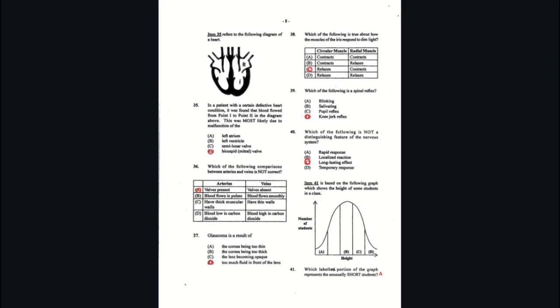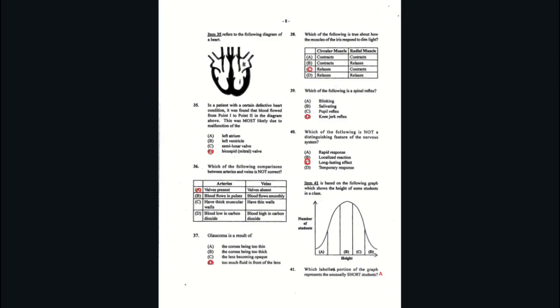Number 36 says, which of the following comparisons between arteries and veins is not correct, right? Just looking at it, I can tell that A is completely wrong because veins have valves and arteries don't. A is saying valves present in arteries and valves absent in veins.